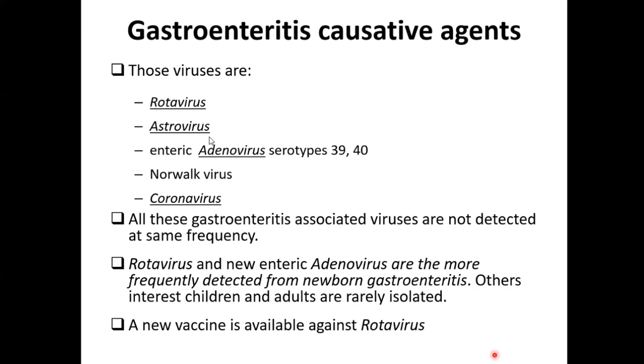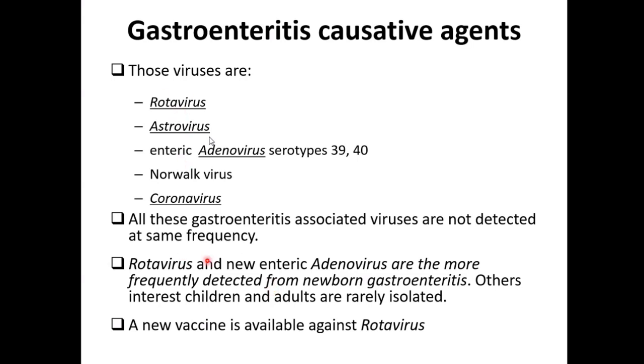As gastroenteritis causative agents, we have rotaviruses, astroviruses, adenoviruses, noroviruses, and coronaviruses. And all these are mostly harmful to children, but they are not detected at the same frequency.